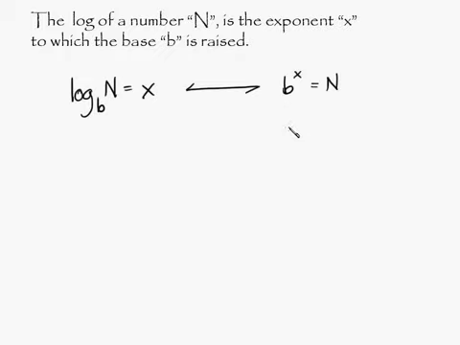Base b is talking about like 2, that's a base. All you're saying is start off with some number and then raise it to some power. So in this case, let's raise it to the third power. So 2 cubed is equal to what? Well, 2 cubed is equal to 8.